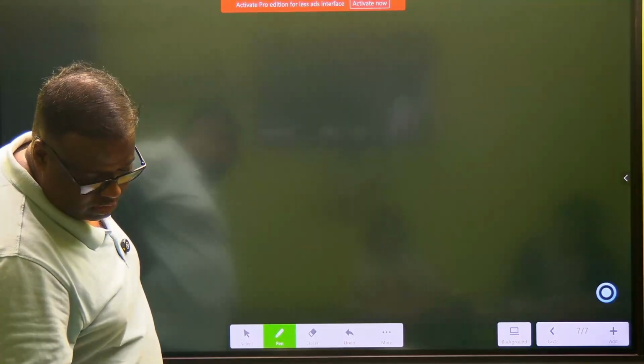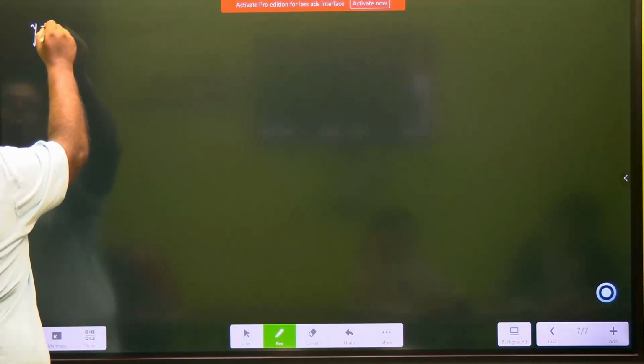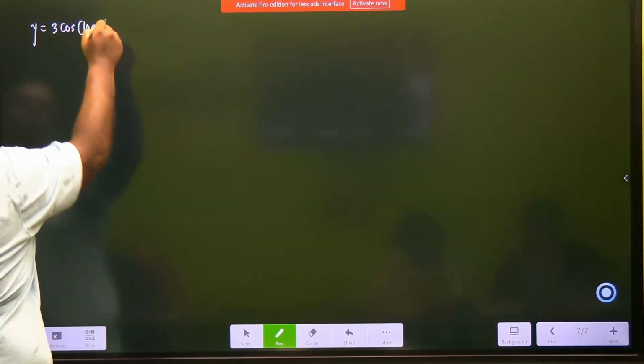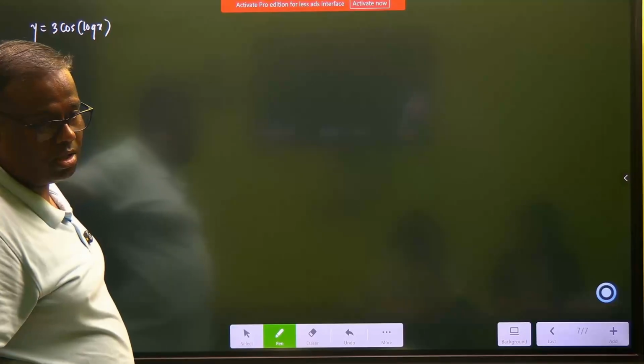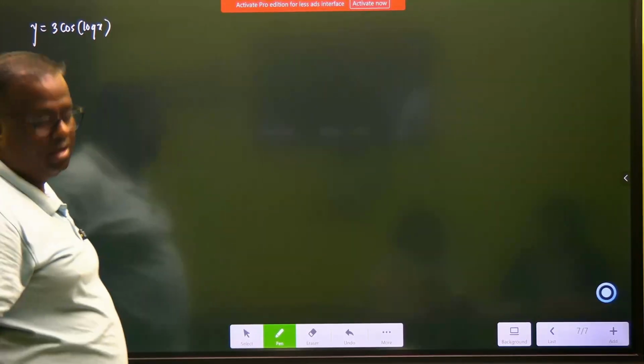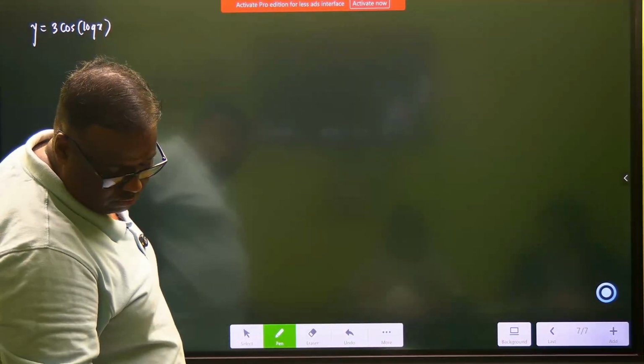So 13 is y equal to 3 cos log x plus 4 sin log x.